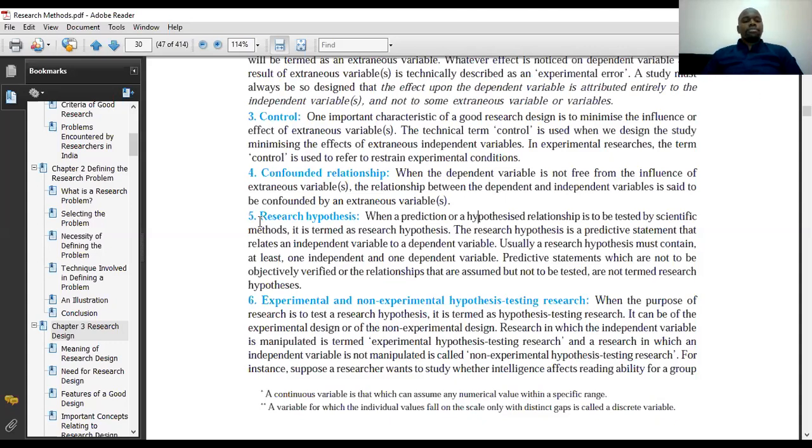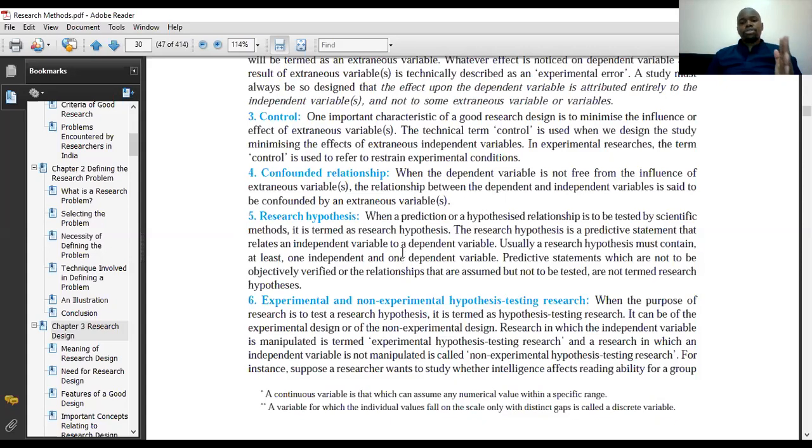Then what is a research hypothesis? A research hypothesis is an assumption that you make before the research. And therefore, what is the role of an assumption? The role of that assumption is to lead you into finding correct answers for that research. That is what is called a research hypothesis.